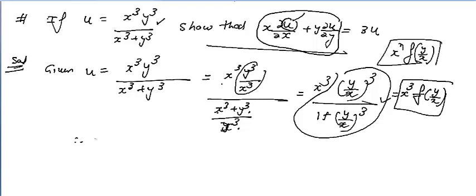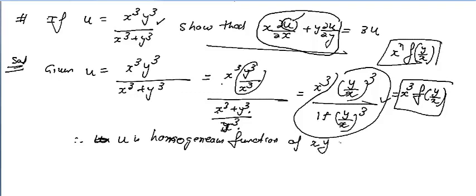So therefore u is a homogeneous function of x comma y of degree 3. See, degree is 3.